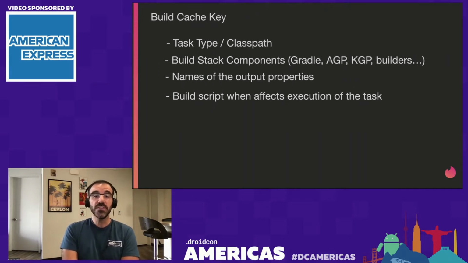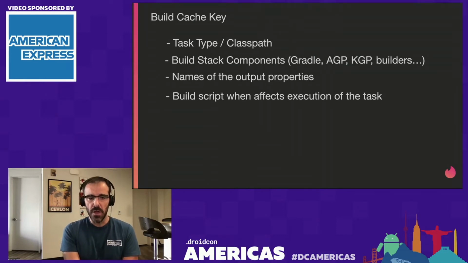Another point is the build step components. Every time you update, for example, the Android Gradle plugin, there are some tasks that are going to generate a different output, meaning that I cannot reuse those task outputs. The same goes for the output properties that we define in the task. And something else that is important is the build script, when it affects the execution of the task.